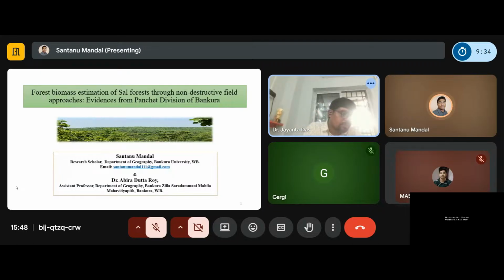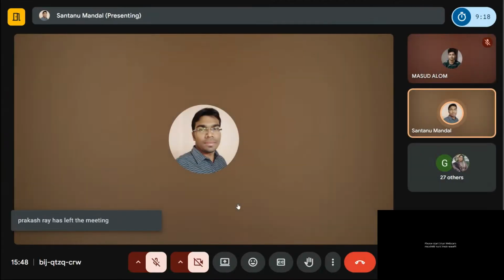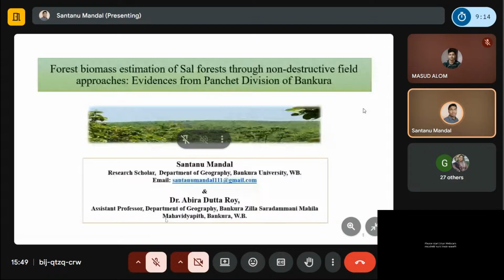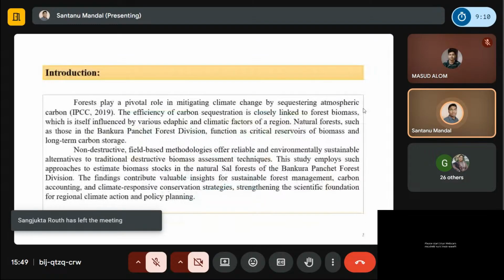Okay, sir. Good afternoon, sir, and everyone. I am Santanu Mandal, research scholar of Bankura University under Department of Geography. My presented topic is forest biomass assessment, estimation of sal through the non-destructive field approach and evidences for Panchayat division of Bankura. This is a short introduction. Forests play a key role in mitigating climate change and capturing and storing atmospheric carbon.